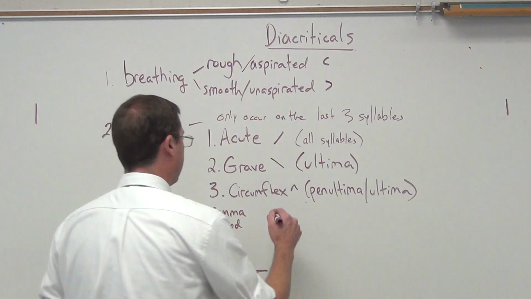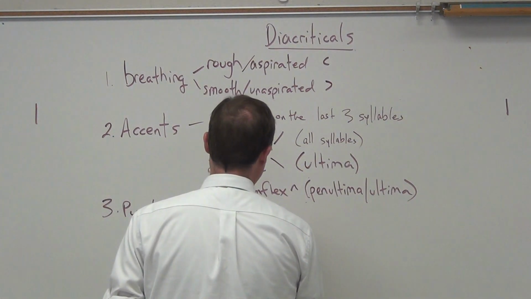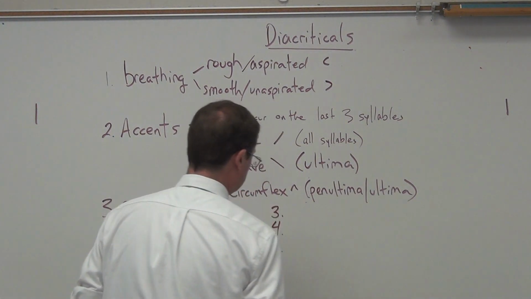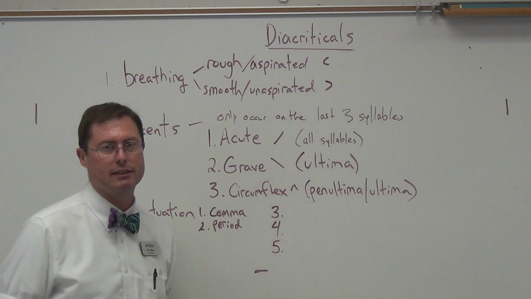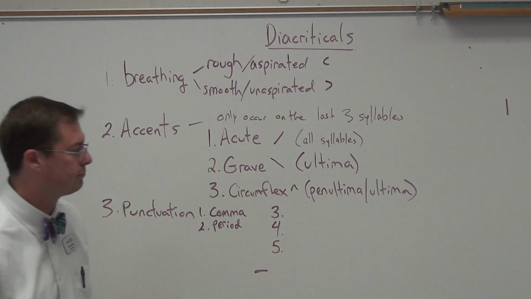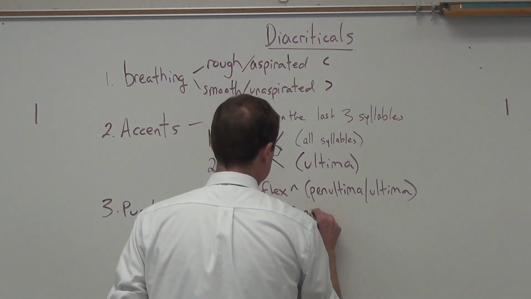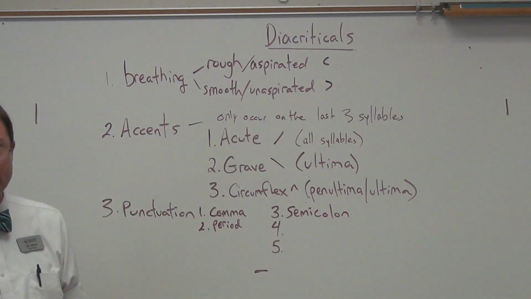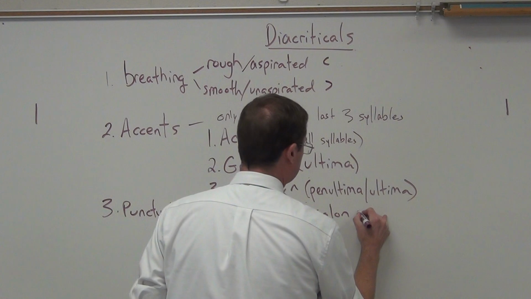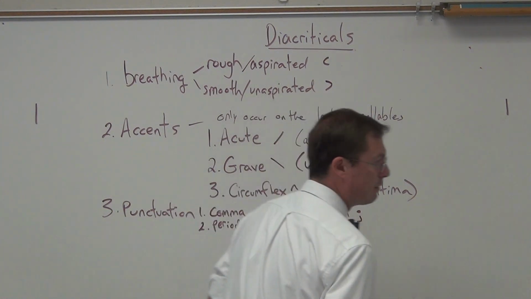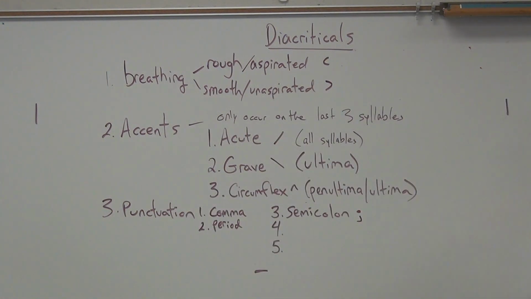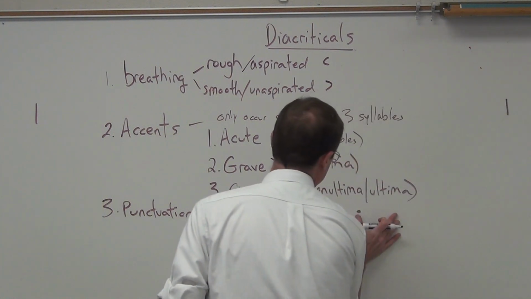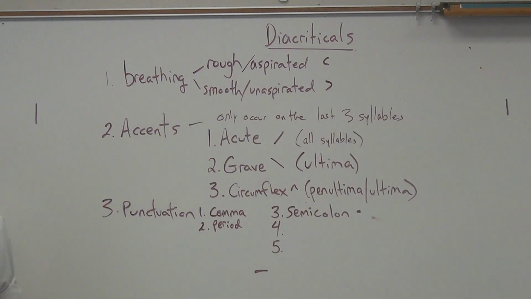However, then you have numbers 3, 4, and 5. For Greek, a semicolon, which for us in English looks like a dot with a comma right below, in Greek is only going to be a raised dot.